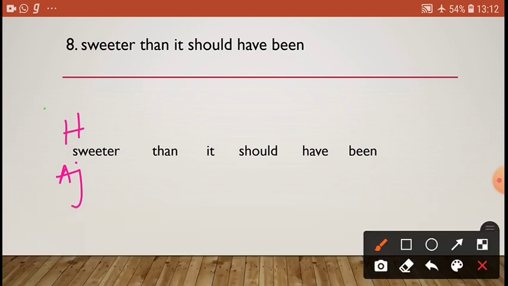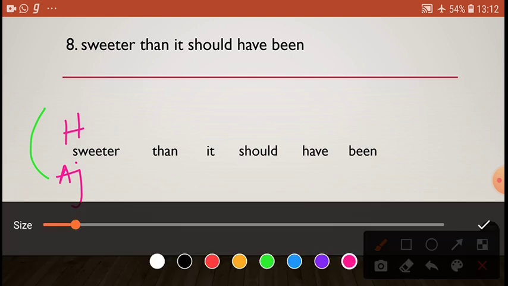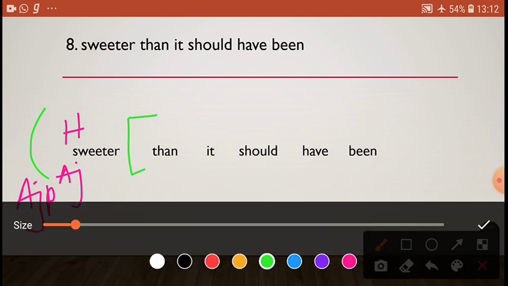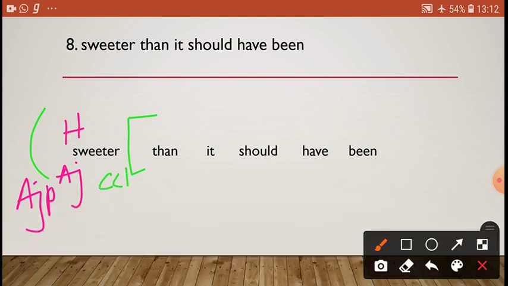We will put here AJP, adjective phrase. Then, it should have been, one more clause is here. Which clause is that? This clause is a comparative clause, so we will have to put here CCL, comparative clause.